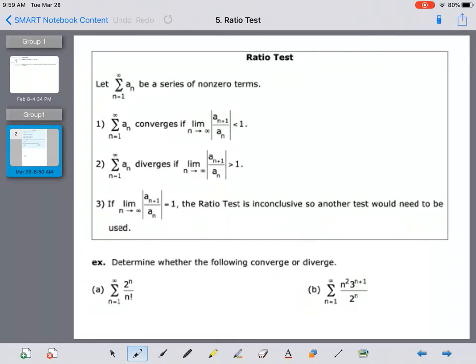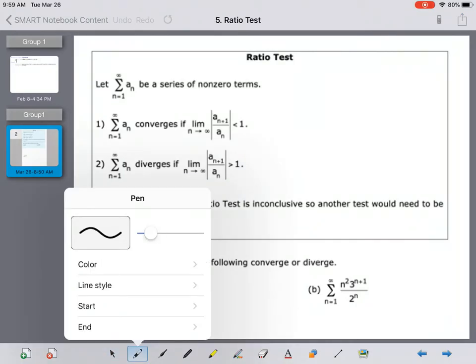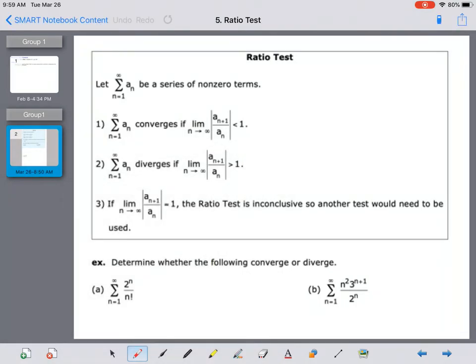Let me get a pen. This right here is the ratio of two consecutive terms of the same series.